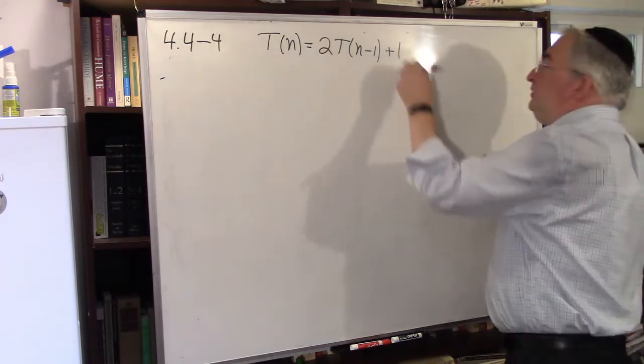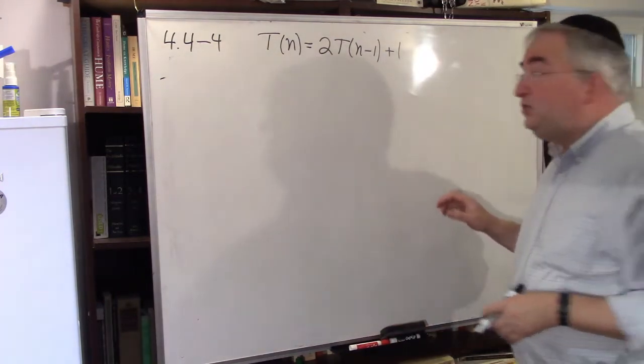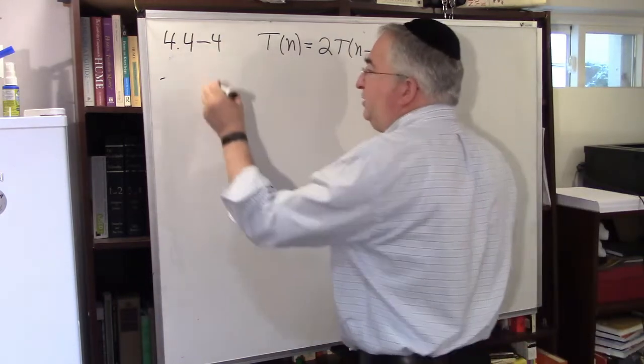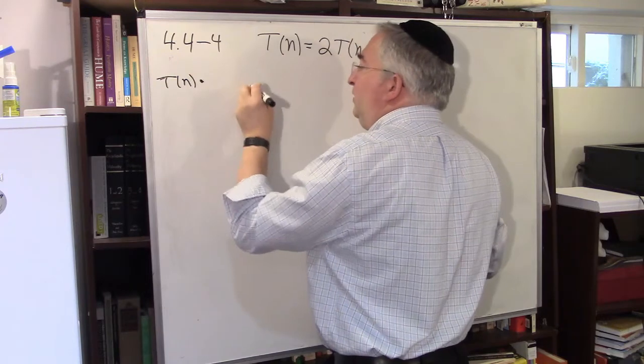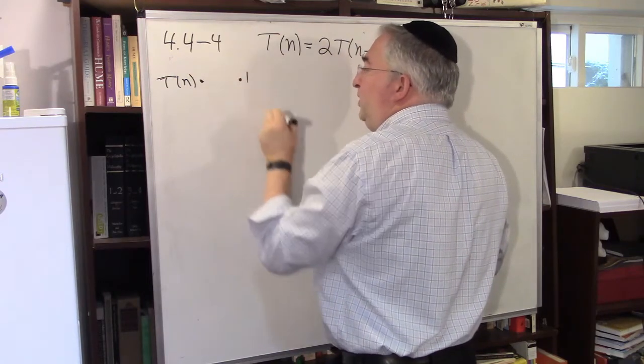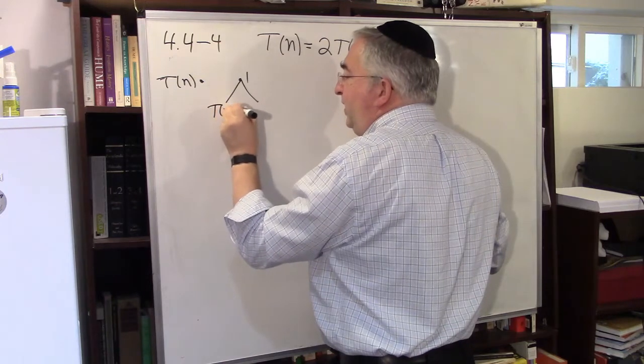Okay, so the trees here are going to be of size n, of size 1. So basically it goes as follows. T of n. Start your tree. Then make a 1 out of it, and it has 2 children, each of T of n minus 1.